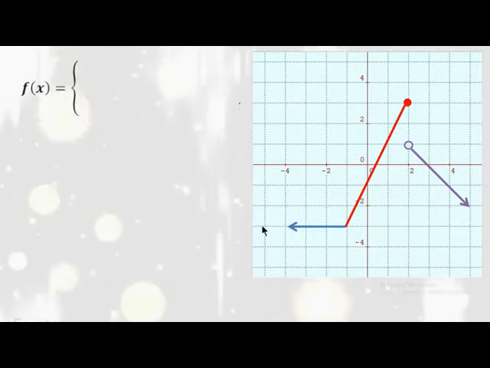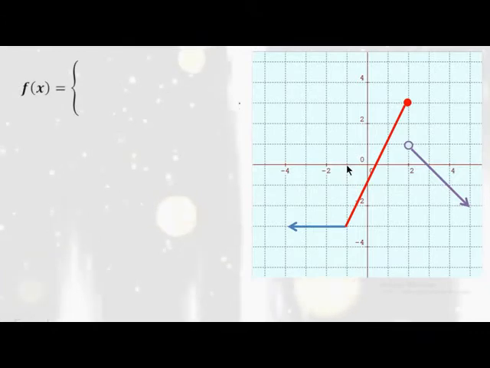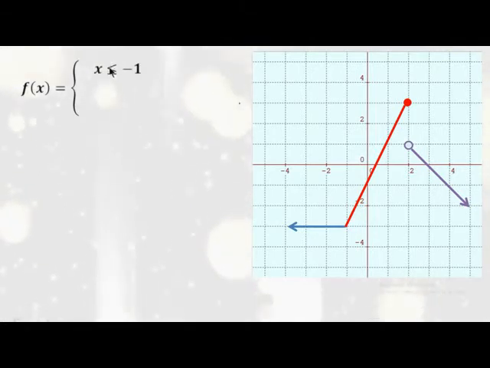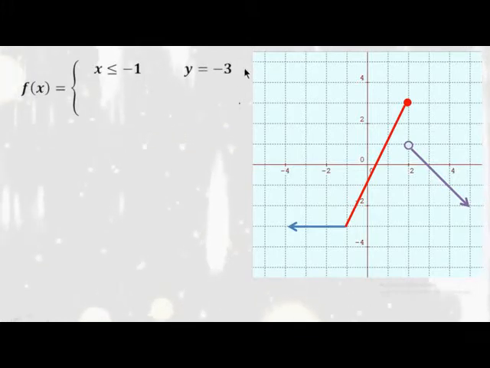It continues until infinity. So the domain starts from -1 and every number less than that. So x less than or equal to -1. How about the equation? Since this is a horizontal line, the equation is y equals -3.